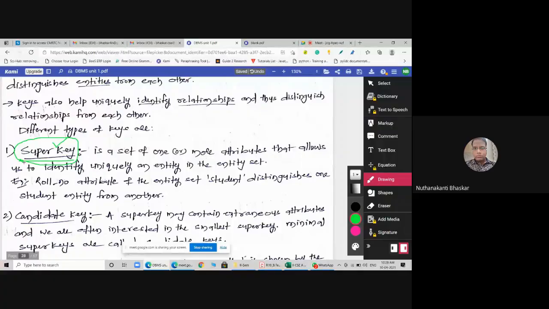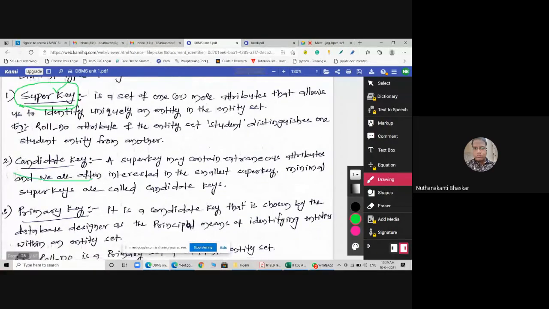Already I told you the example of a post: when you are going to send a post, we require all the attributes for that particular candidate. So the total attributes participate in identifying the entity uniquely. That is called a super key.